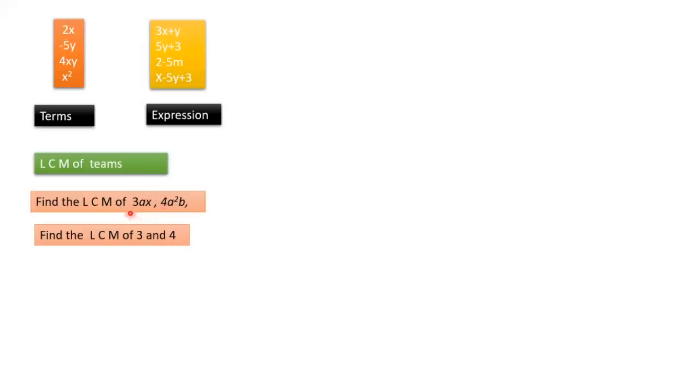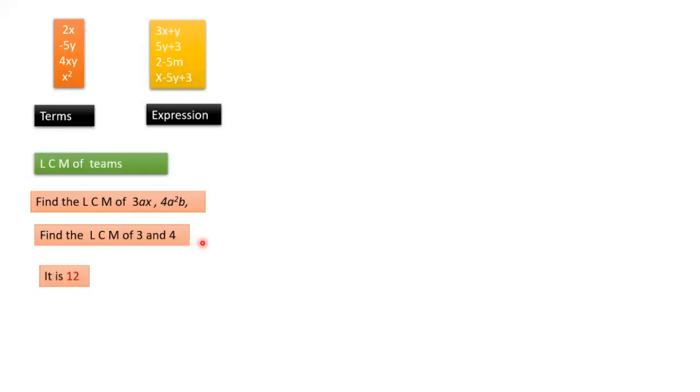Very easy. In the given terms, you have to consider numerical values only first. What are the numerical values here? It is 3 and here it's 4. First find the LCM of those two numbers. So how do you do that?